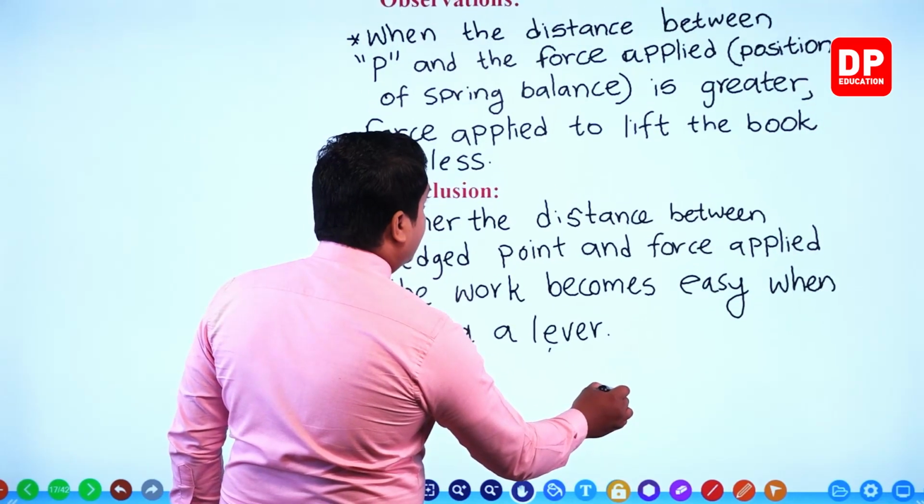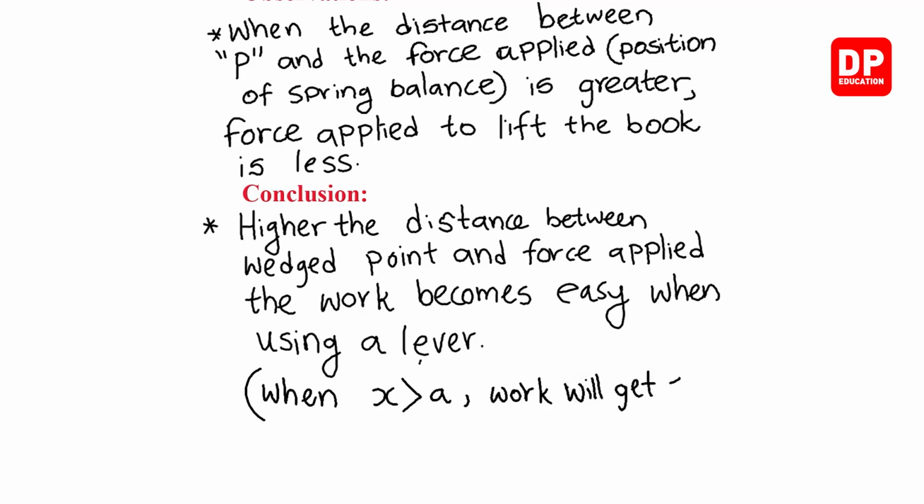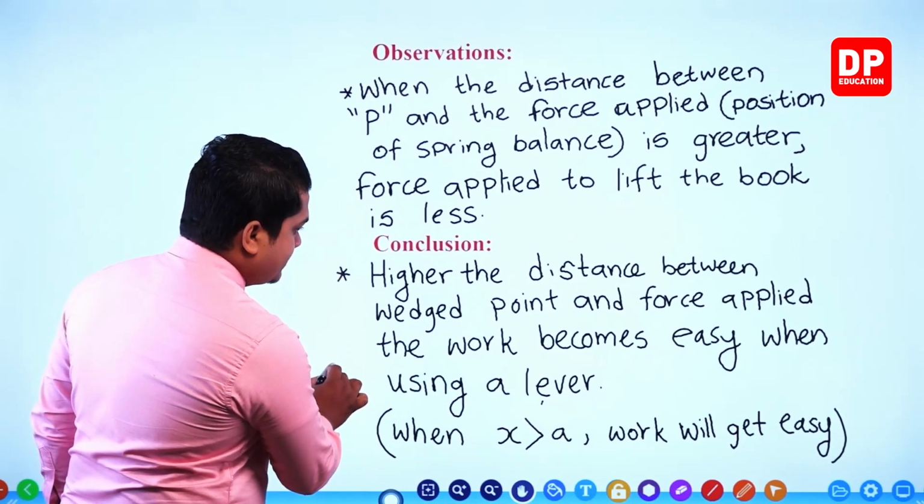I'll take the slide somewhat up. Within brackets I'll include when x is greater than a, right? Work is easy. So what is a and x? Can you remember a and x?